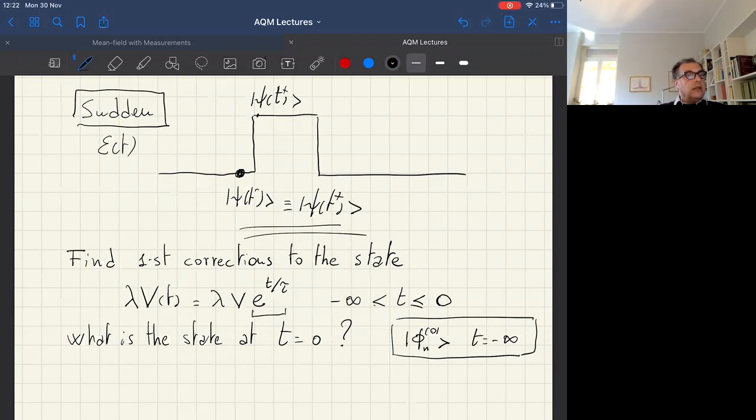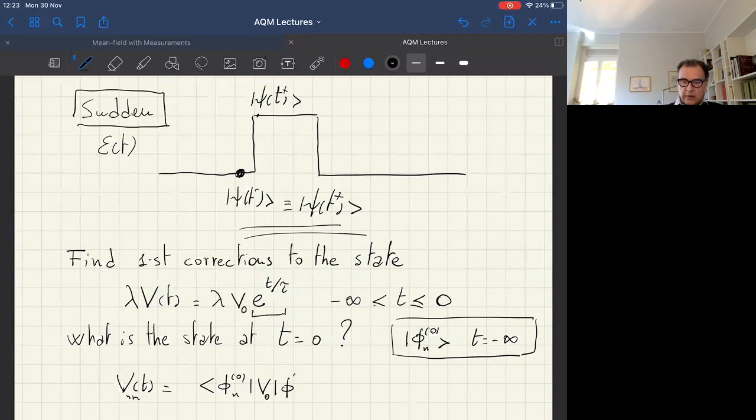Then you try to get it for any generic V. So you assume that V_nm of t is nothing else than the matrix element of phi 0 of n, V, phi m, times e^(t/tau). If this confuses you, just put V0.